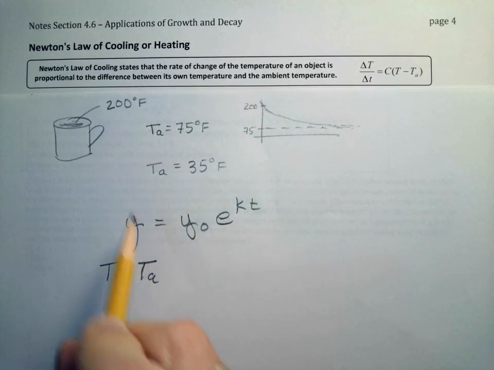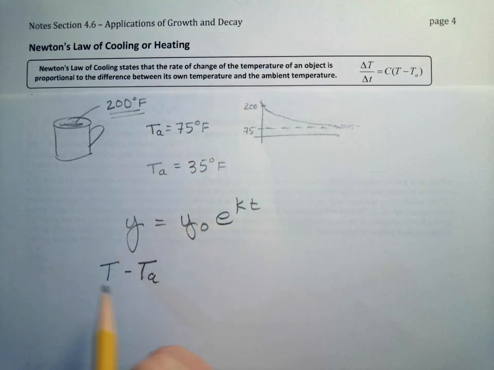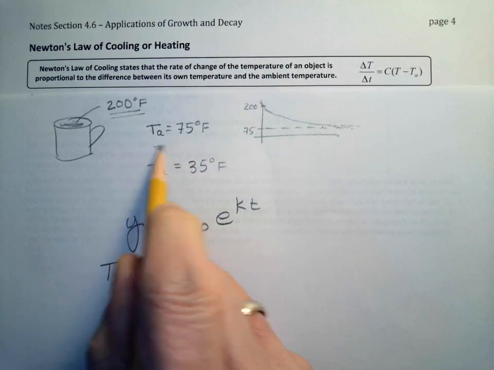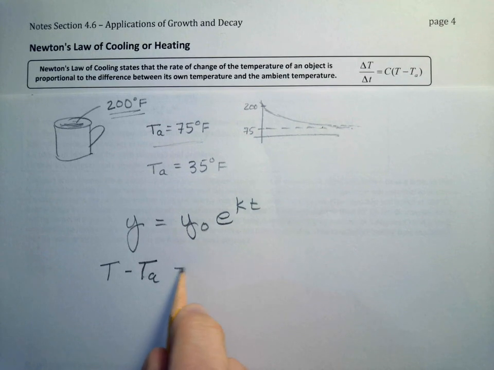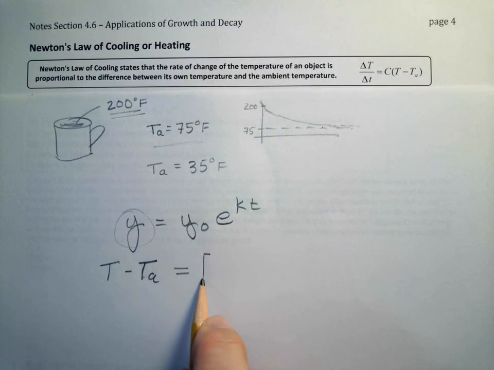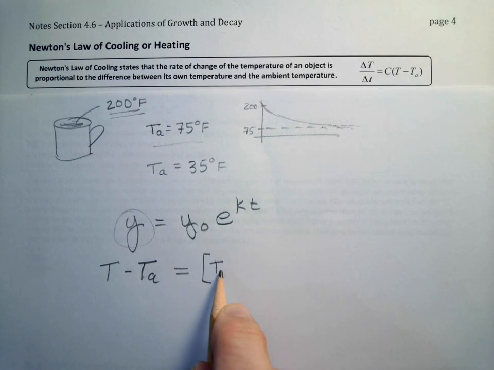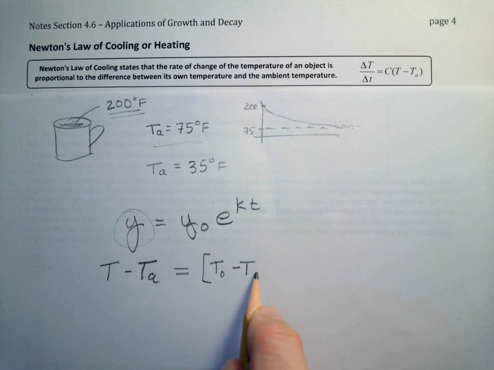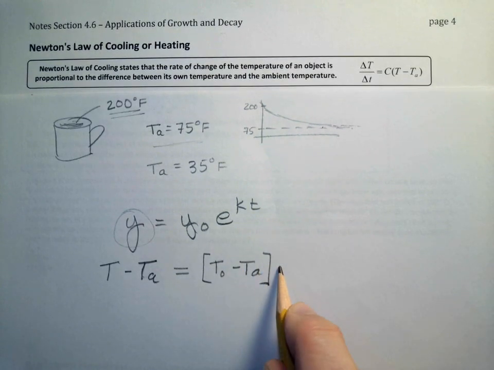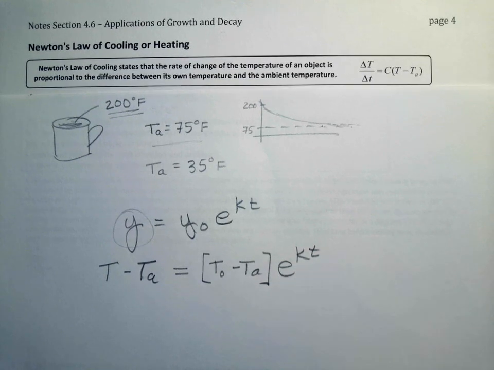So the difference between the temperature of the object at the beginning, or at any moment actually, and the ambient temperature. And so that will be sort of like our Y. And then the initial will be the initial temperature minus the ambient temperature, e to the kt, t being the time and k being our constant.